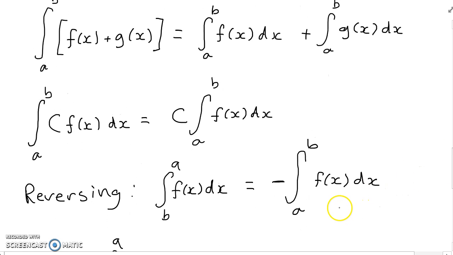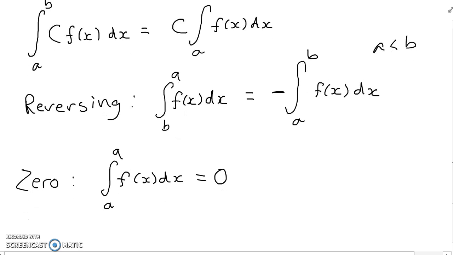And also reversing the limits, because you want to have the lower number on the bottom. Let's say that b is greater than a, or a is less than b. If you have b on the bottom, evaluating the integral from b to a of f of x, you can flip the sign, put a negative in front, and then the a and b will flip.